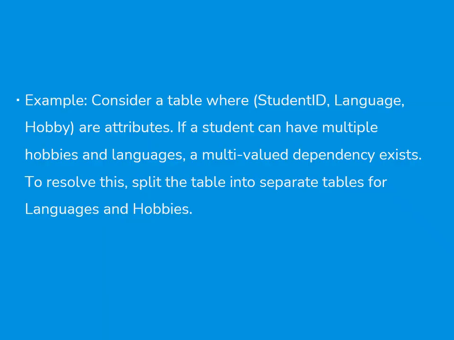To resolve this, split the table into separate tables for languages and hobbies. So we have to create two separate tables, one for languages and another for hobbies, because the same student may know multiple languages and might have multiple hobbies.